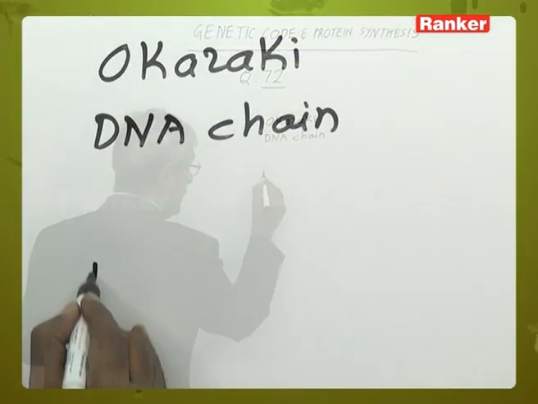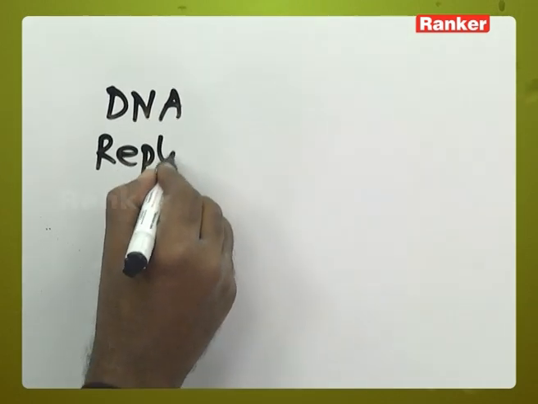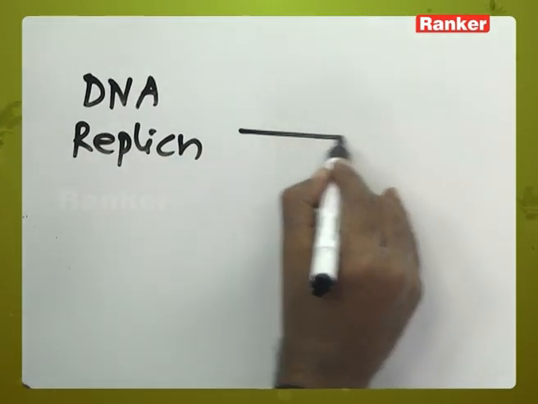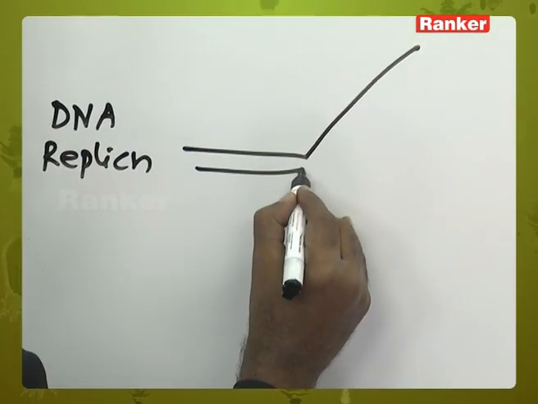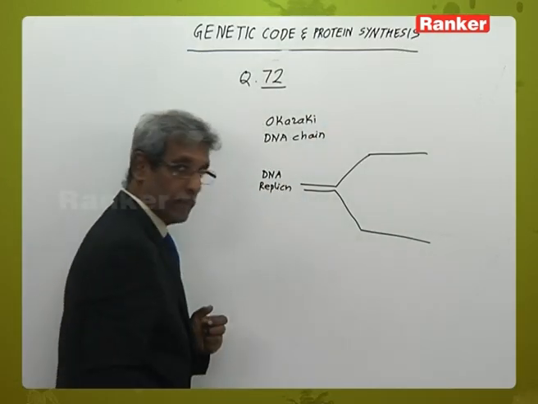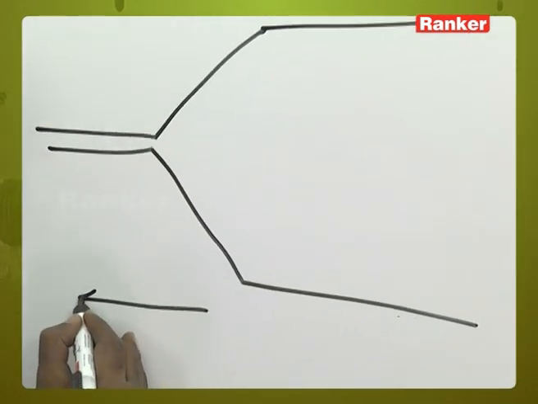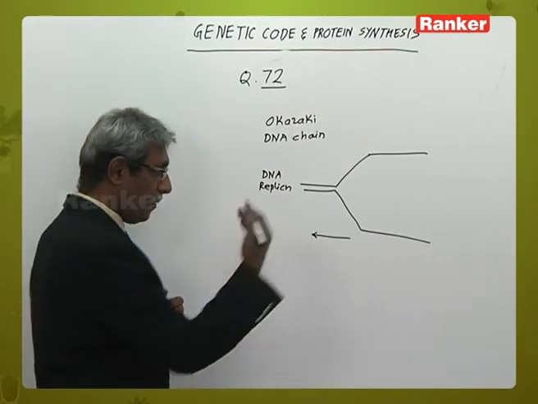We understand that during DNA replication, there is the formation of a replication fork. The replication fork always proceeds in this direction, from the right to the left.